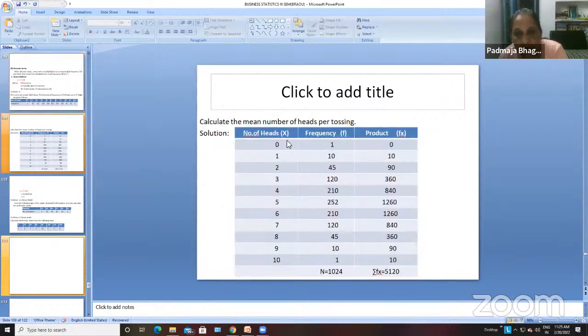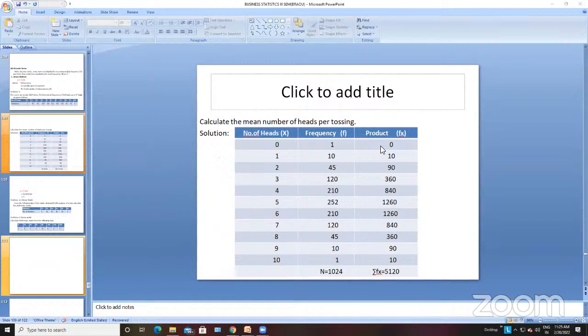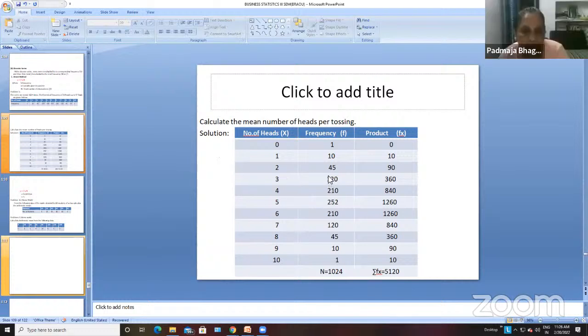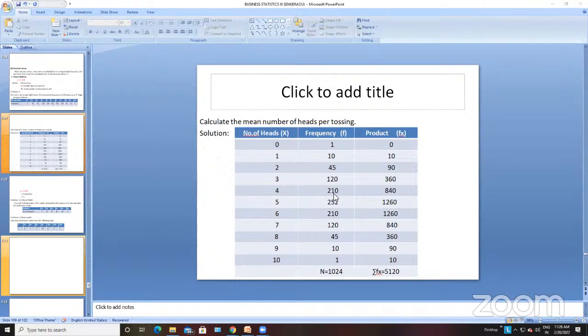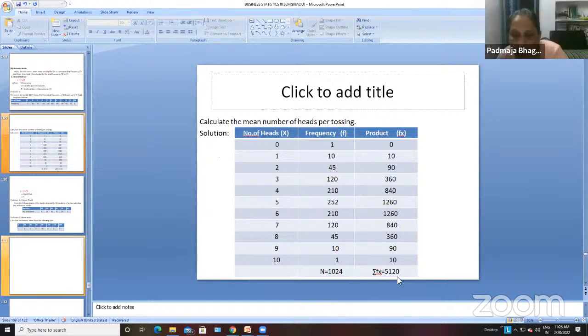X value, the correspondence is the F. So 0 into 1, 0. 1 into 10, 10. 2 into 45, 90. 3 into 120, 360. So like that, you have to multiply the X with the corresponding frequency. So sigma fx, the total, is 5120.